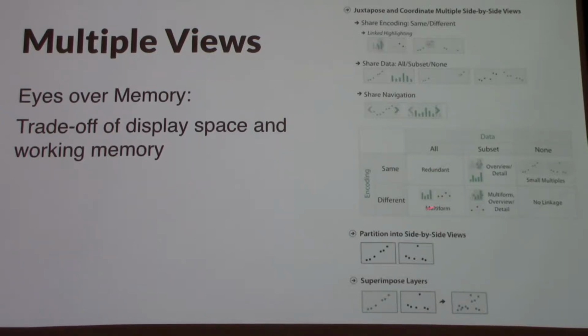If I show a different encoding with a subset of the data, then I would have multiform overview detail, so I would have a different representation for the overview compared to the detail view. And if I have no shared data and the same encoding, it would be small multiples. And if I have different encoding and no shared data, it's pointless.